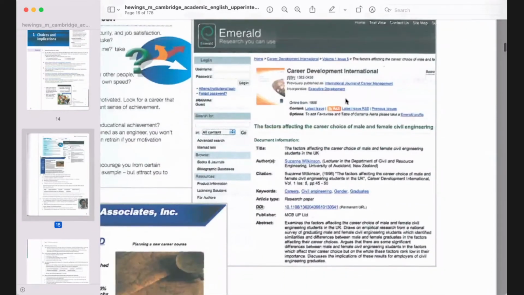And C, Career Development International, the factors affecting the career choice of male and female civil engineering students. So there is an author, citations, an abstract. It's a research paper, an article, a scientific article.